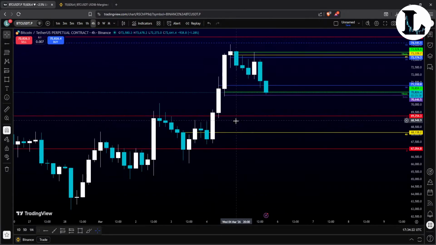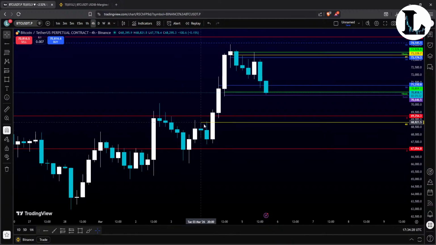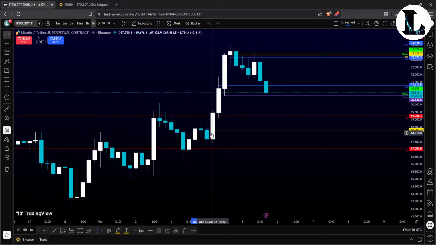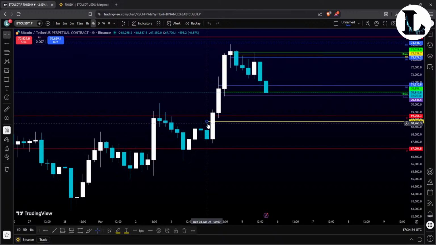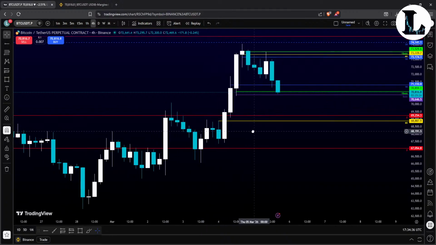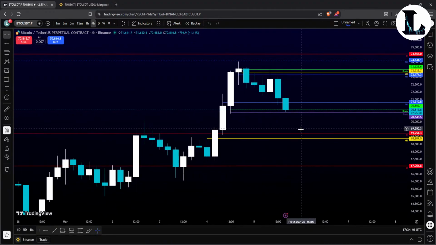Let's go to the 4 hour. We have a 4 hour here, followed by two white candles, and we kind of have a trail to this 4 hour here, also followed by two white candles. So for now, I'm just going to mark the wick, because the price can easily just reject the wick.